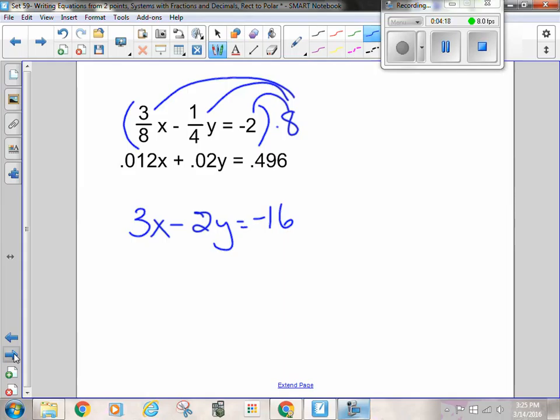In my second equation, I'm going to look at my decimals, and I want to make them into whole numbers. I see that my second equation has some things that go out to the thousandths place. So I'm going to multiply everything through by 1,000.